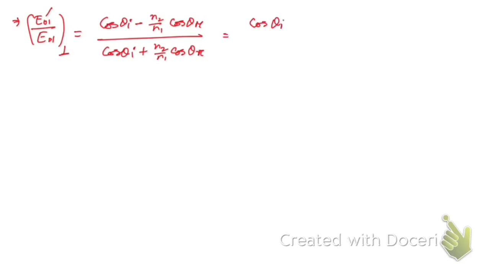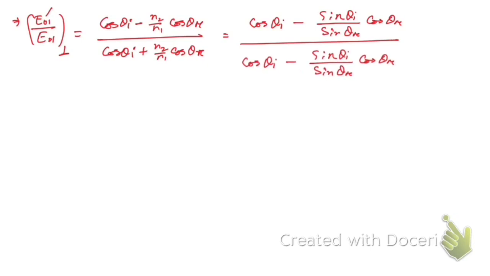Cos theta I minus sine theta I by sine theta r into cos theta r, divided by the same result, but here the sign will be positive in the denominator. Okay, that's what we have got.